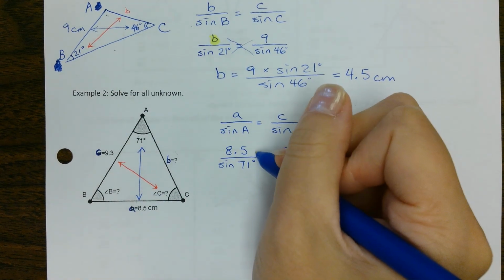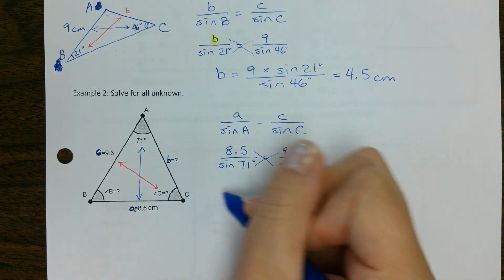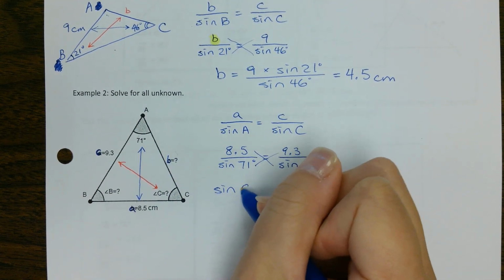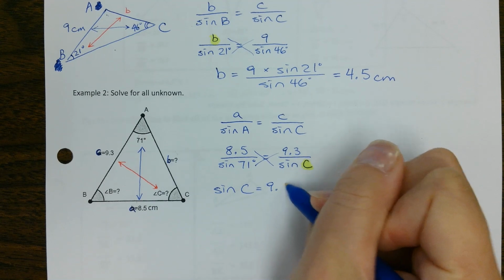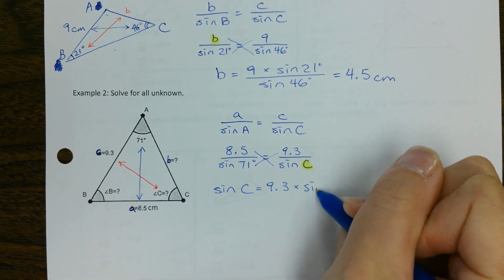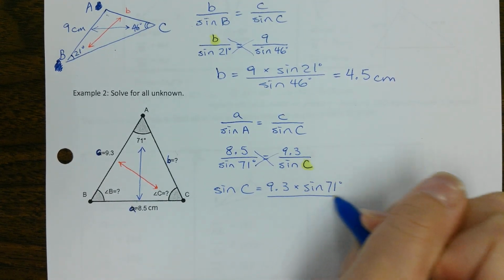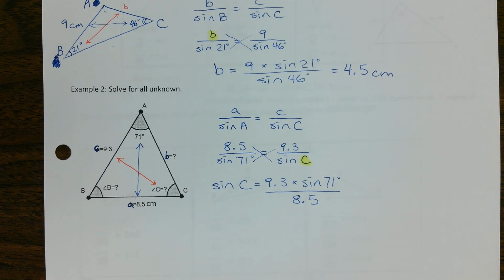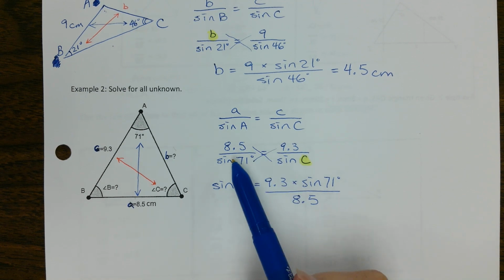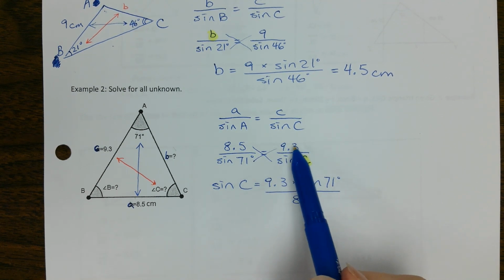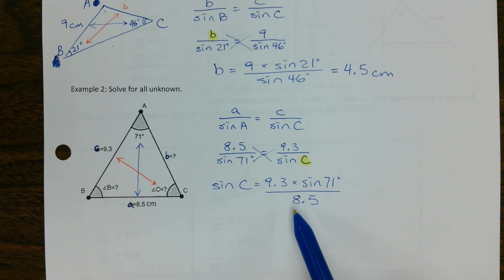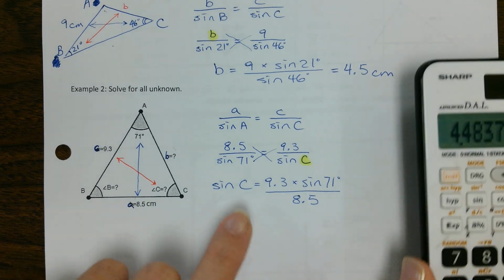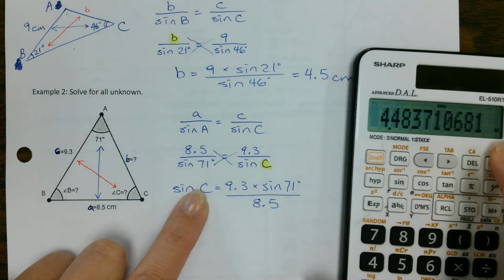Okay, cross multiply and divide. So sine C equals 9.3 times sine 71 degrees divided by 8.5. Because when I cross multiply, I have this times this equals this times this. And then when I want to isolate sine C, I divide it by 8.5. Notice I kept the sine C right here.